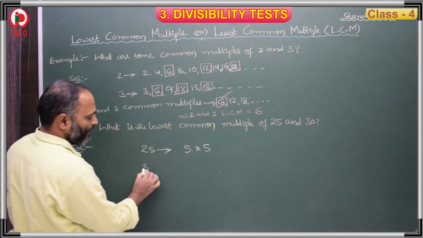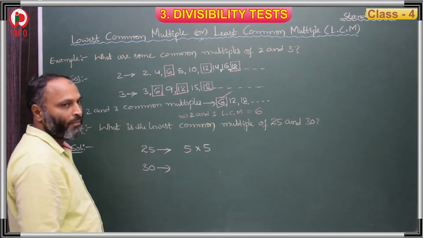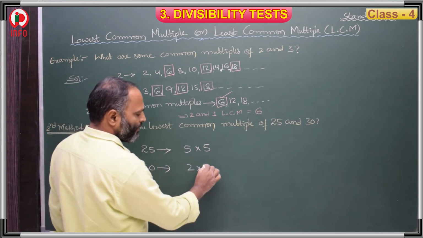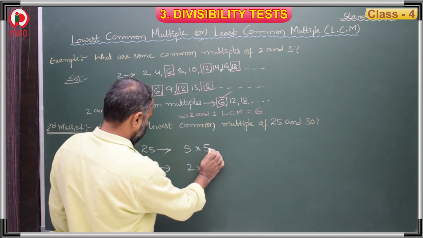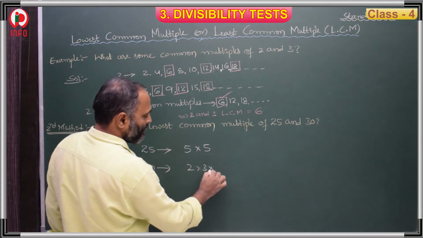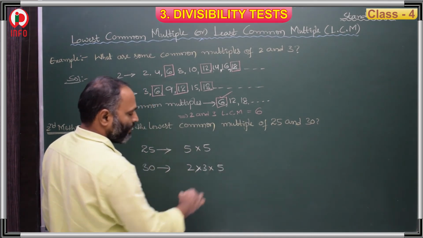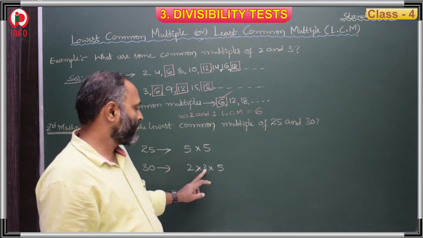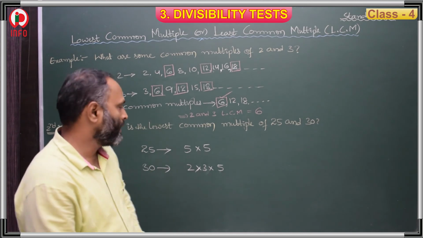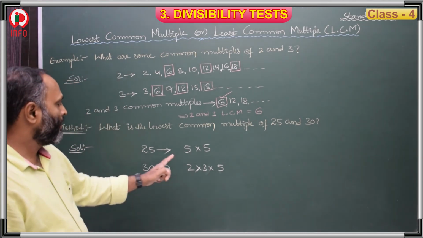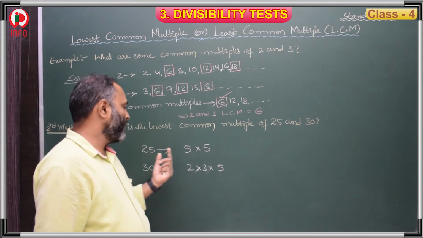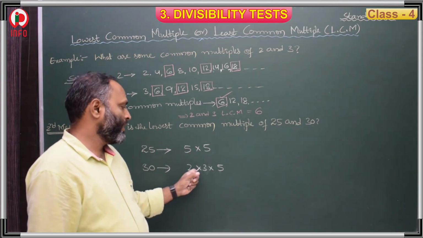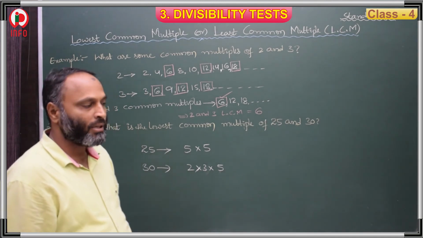Then 30: using prime factors, 2 3s are 6, and 6 5s are 30. So the prime factors of 25 are 5 into 5, and the prime factors of 30 are 2 into 3 into 5.